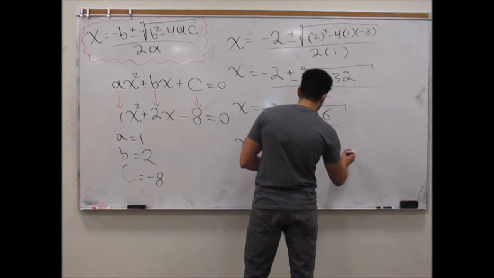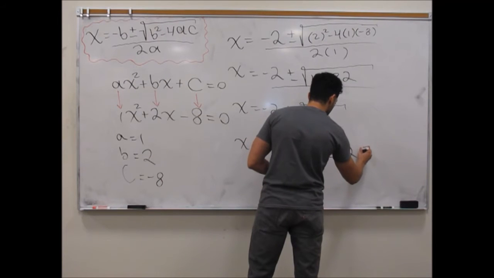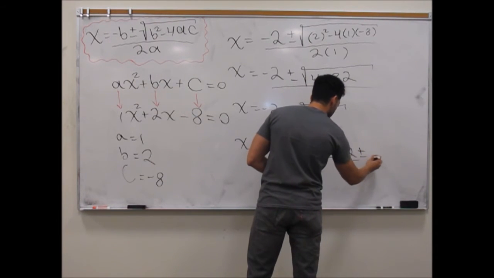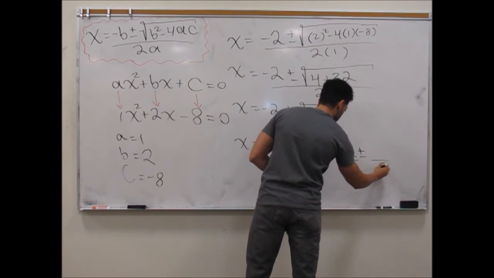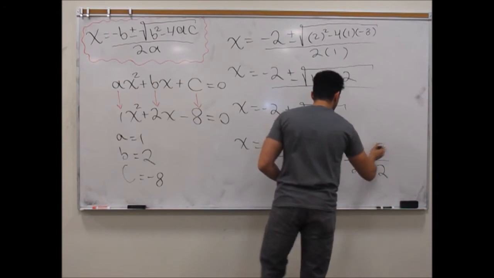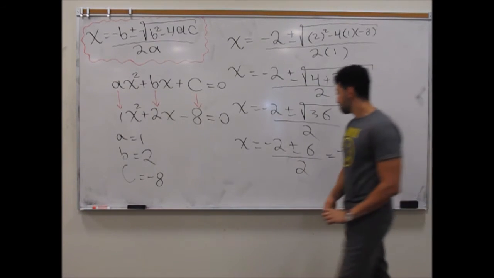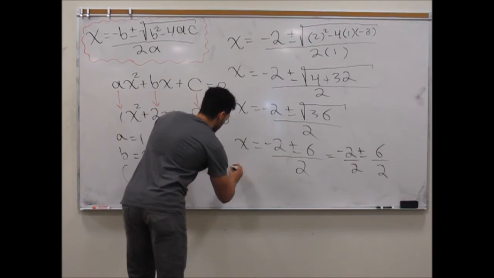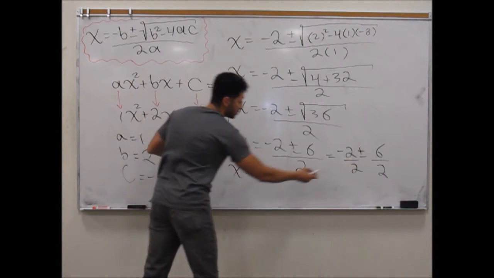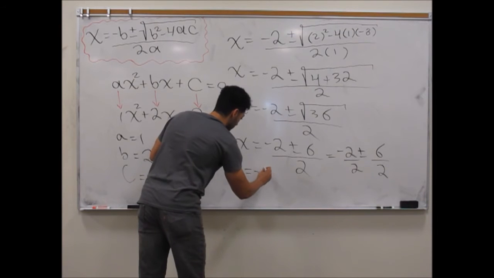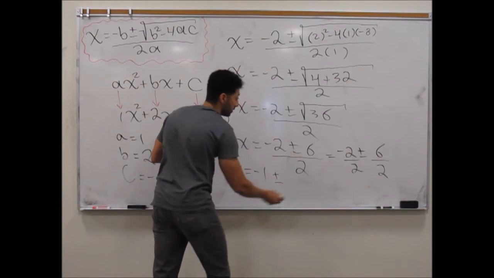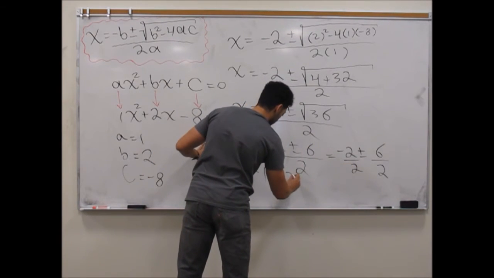So you could write this as negative 2 plus or minus 6, just split up the LCD if you're more comfortable doing it that way. Okay. So then you get x is equal to, this will become negative 1 plus or minus, and that will become 3.